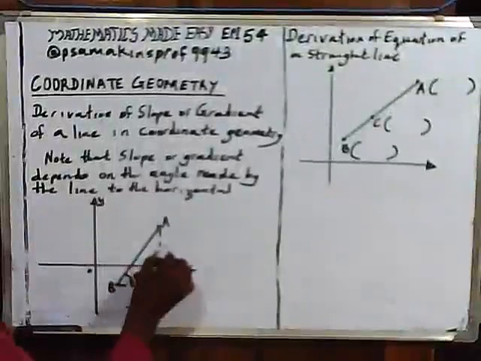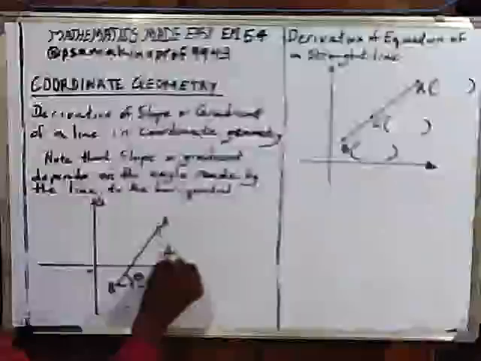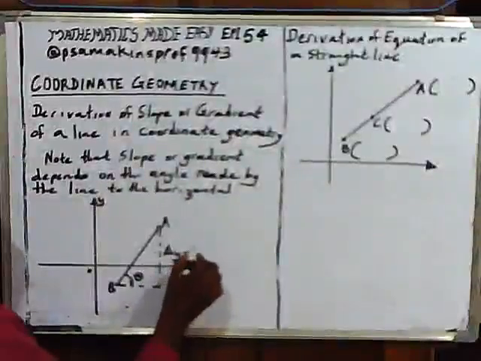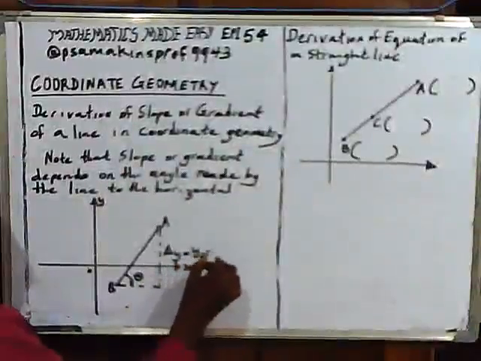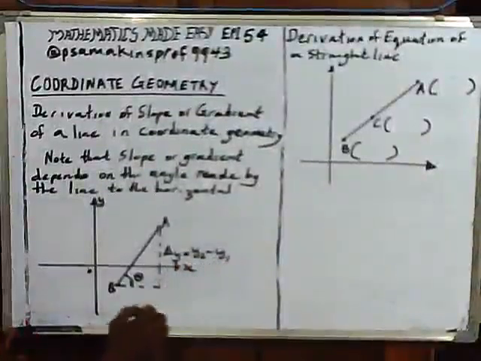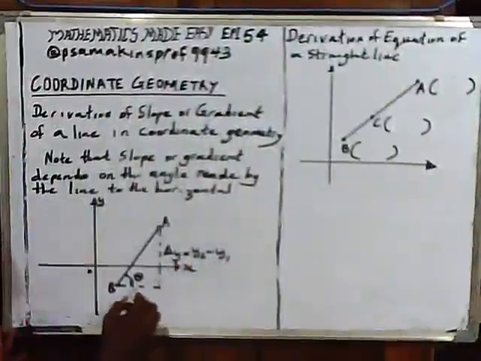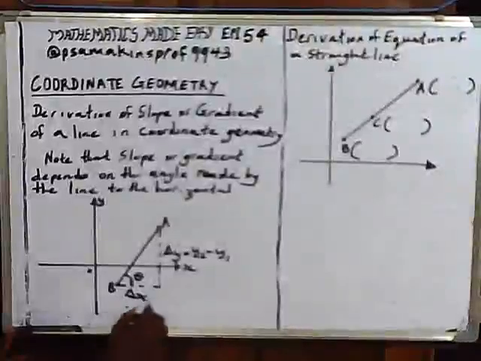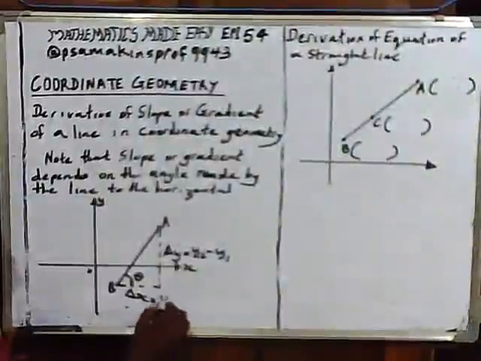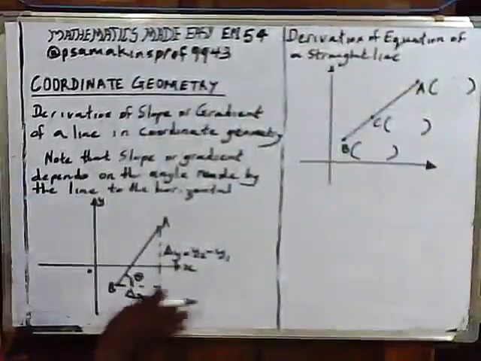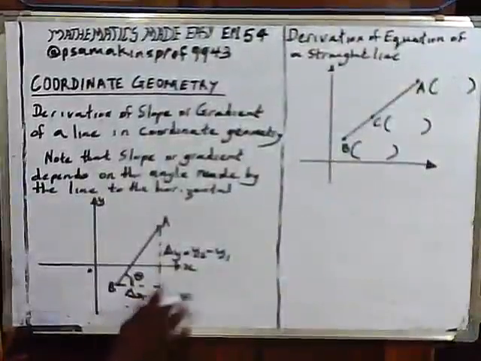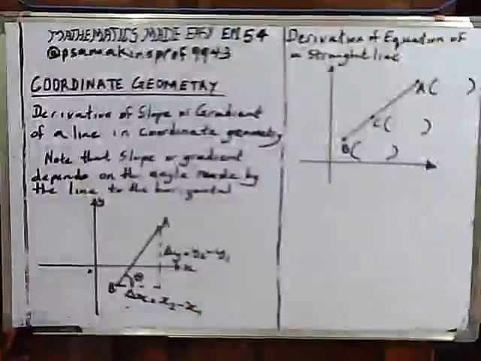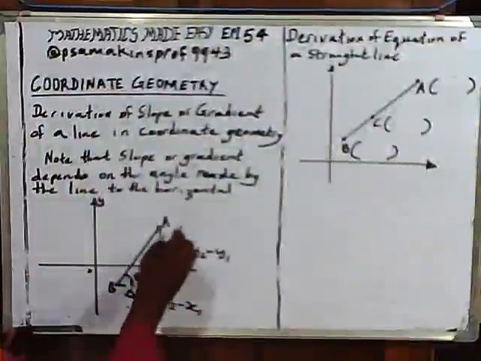Now this place is the change in y, which is as well equal to y2 minus y1, and also this place is the change in x, which can as well be x2 minus x1.